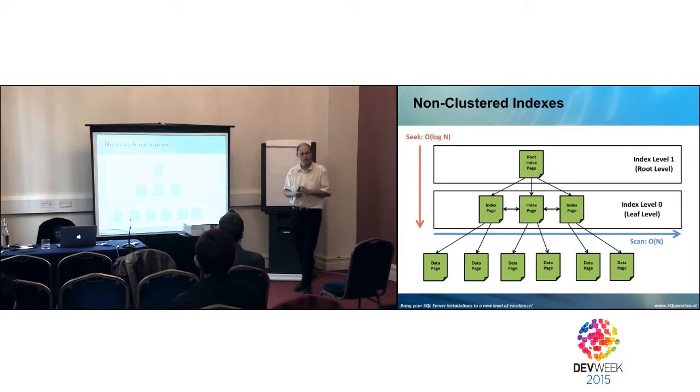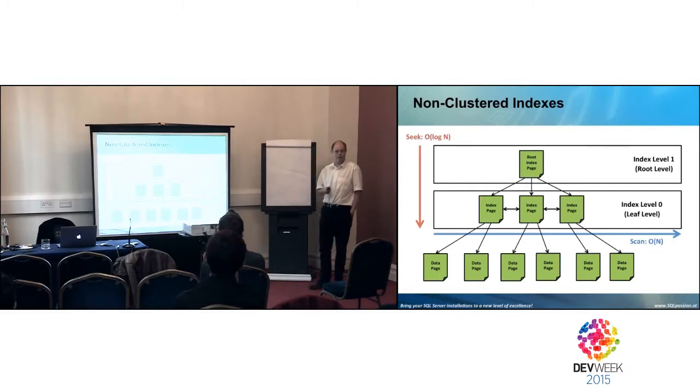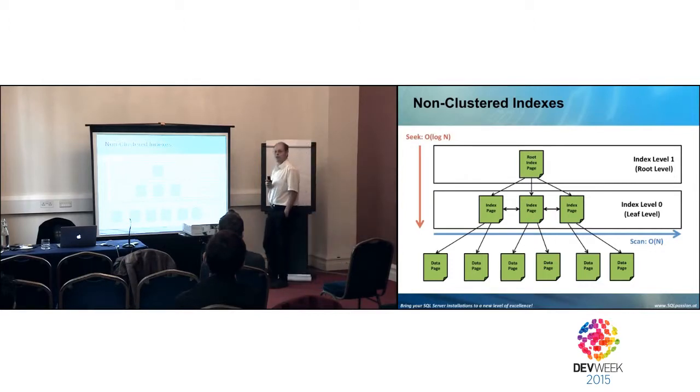SQL Server adds the clustered key value, the column on which you have created your primary key constraint, into that leaf level. Means when you create your primary key constraint on a unique identifier value, which is 16 bytes long, very, very large, you also add that unique identifier value in every non-clustered index, at least in the leaf level.